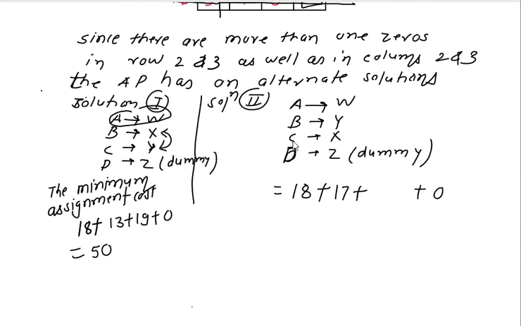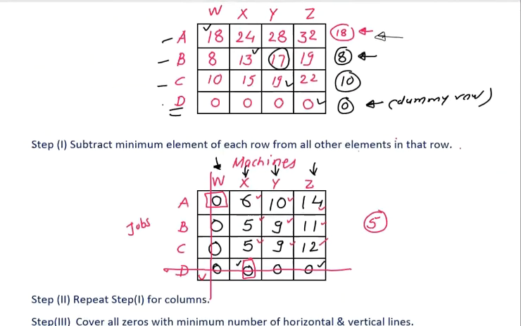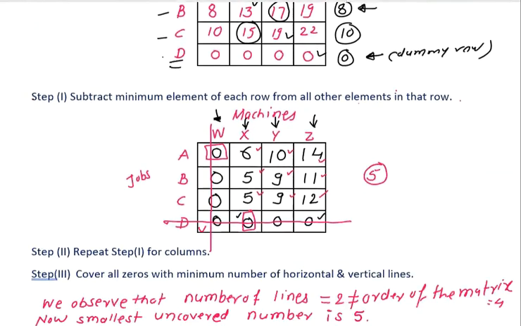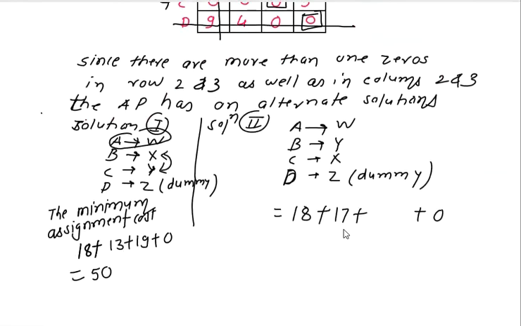And cost of performing C on X is 15. So 18 plus 17 is 35, 35 plus 5, 40 plus 10, it is 50.